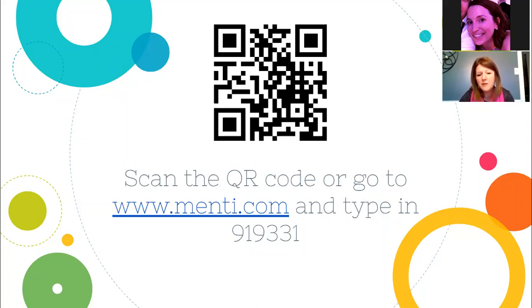I'm going to wait for a few seconds before I switch to our Mentimeter screen so that you can all get this QR code that's on the screen. And I'll do it too.